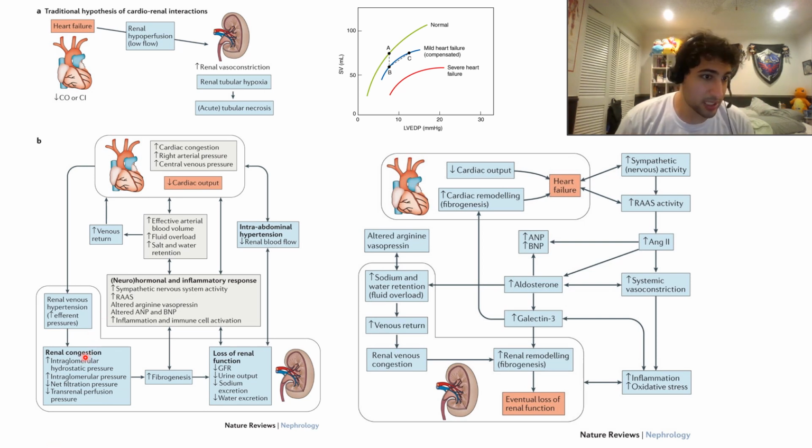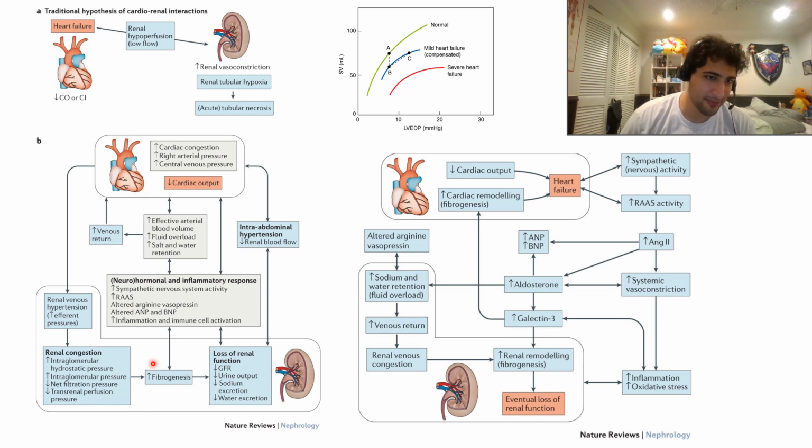So you get that renal congestion, which increases the hydrostatic pressure, the glomerular pressure, but it's not physiologic, right? So you get this fibrotic process. At the same time, from the other side, you get intra-abdominal hypertension and poor renal blood flow. So you get this loss of GFR, this loss of urine output, you just have all this stuff going on.